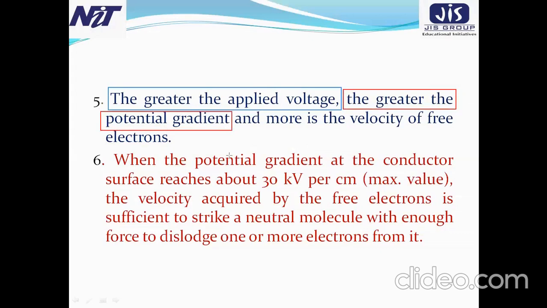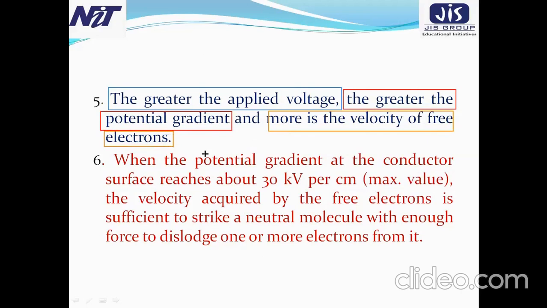It is directly proportional to the applied voltage. So if we increase the applied voltage, the potential gradient will increase, and for that reason the velocity of free electrons will increase.